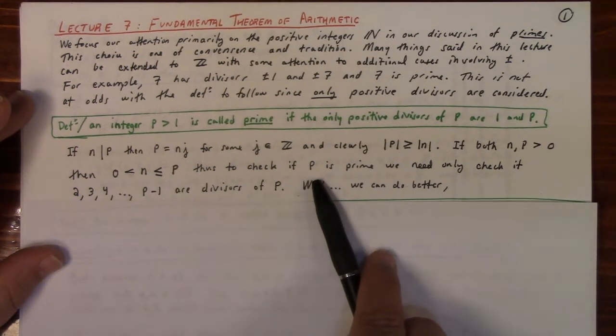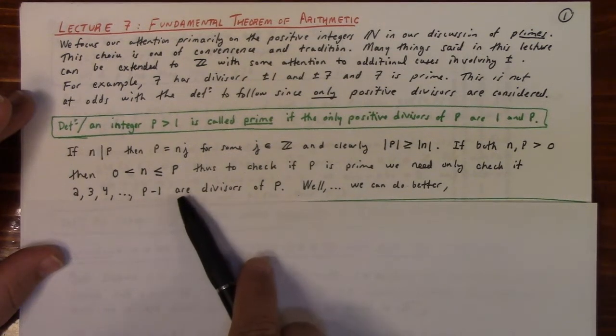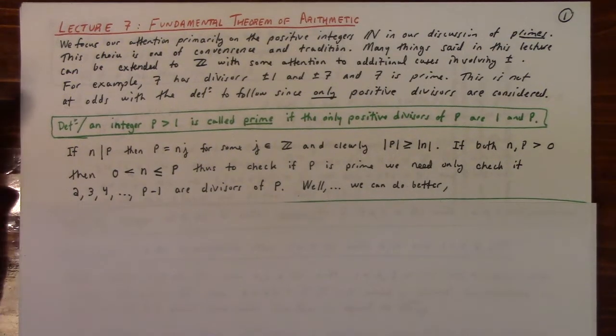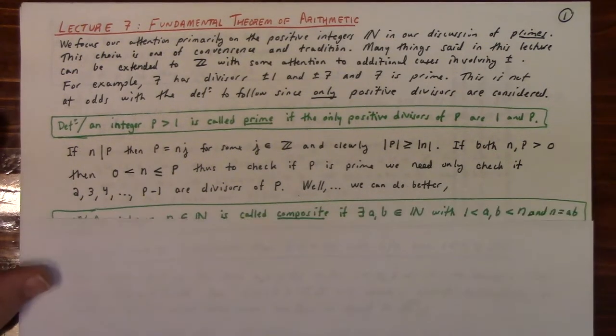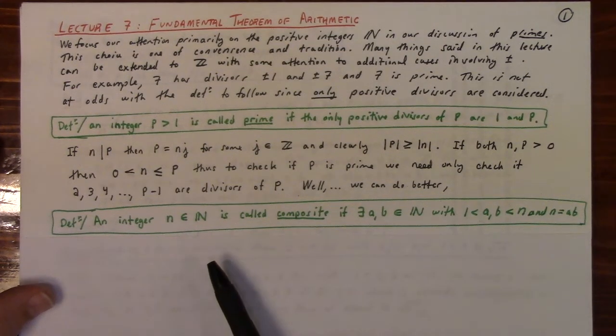So to check if p is prime, we need only check if 2, 3, 4, all the way out to p minus 1 are divisors of p. But maybe you already know that we can do better than that. We'll see that shortly.